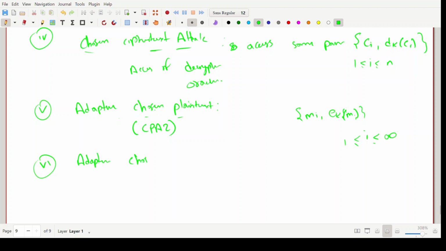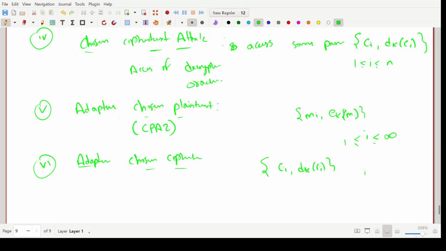Then adaptive chosen ciphertext. Again, in this case, what happens? The cryptanalyst can choose any ciphertext dynamically and can get the corresponding plaintext. So he can choose any ciphertext and get the decryption of Ci dynamically, which is not known to the writer also.